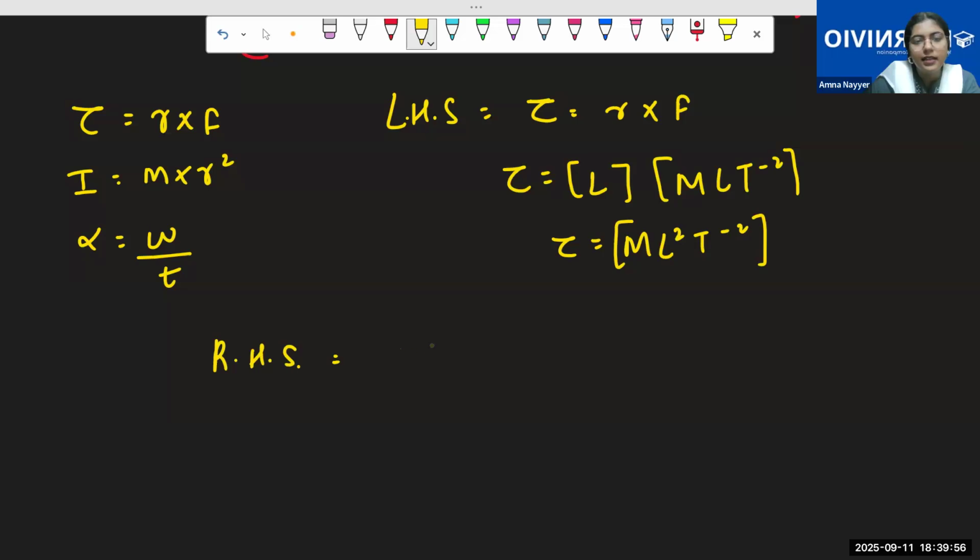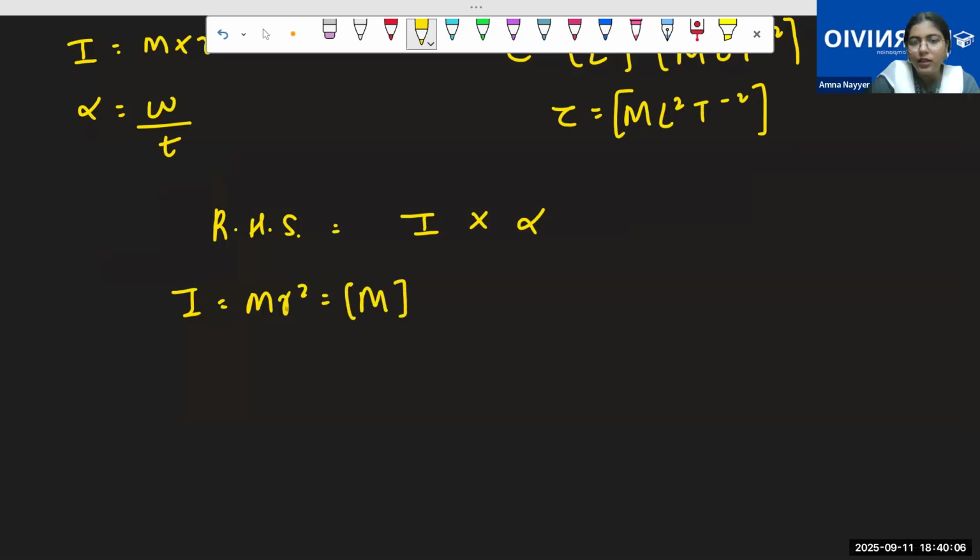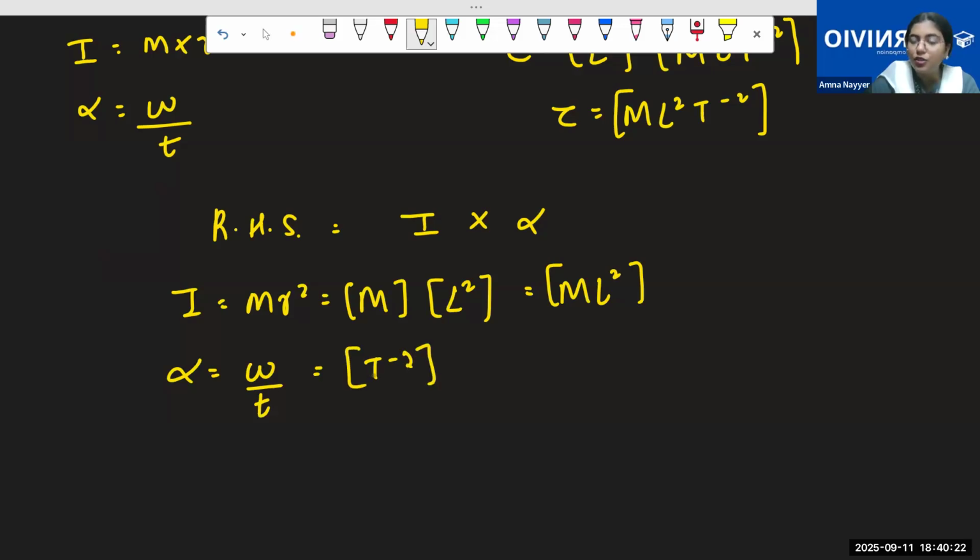This is I multiplied by alpha. Now the formula of moment of inertia is mr square. Mr square means mass into length square, which is equal to ML square. Coming to alpha, alpha is equal to omega by t. Now omega is already T to the power minus 1. So alpha is T to the power minus 2.